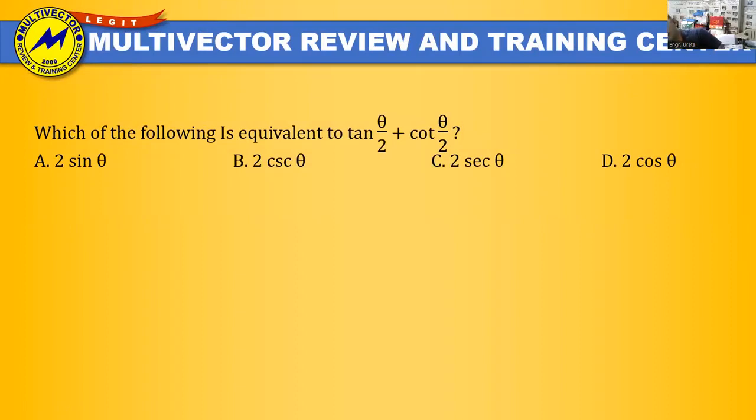Okay, so which of the following is the equivalent of tangent theta plus cotangent theta? Okay, so tangent theta plus cotangent theta. So, matamang sagot dito. Cosecant. Okay? Ano ba? Tangent.